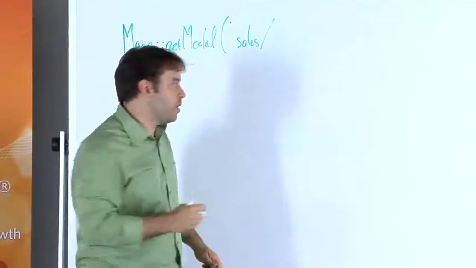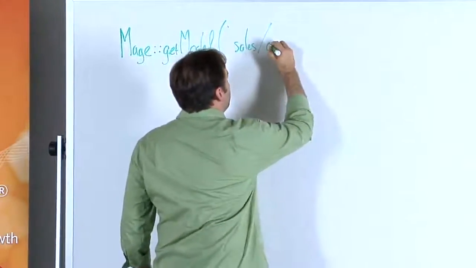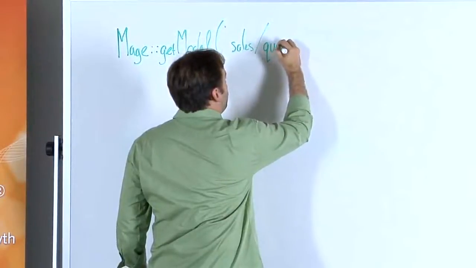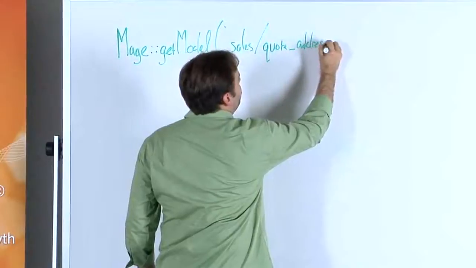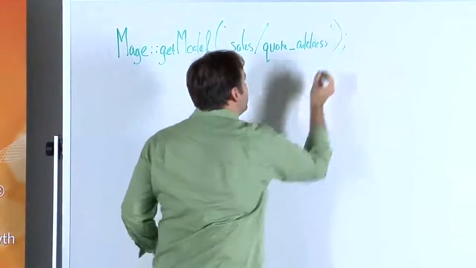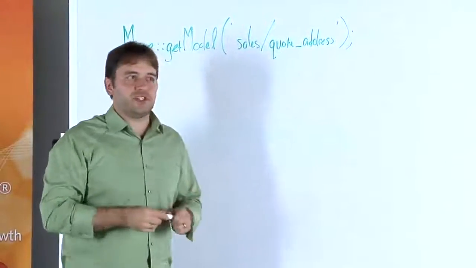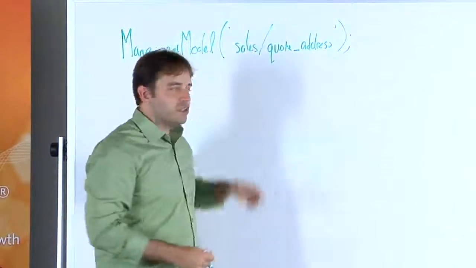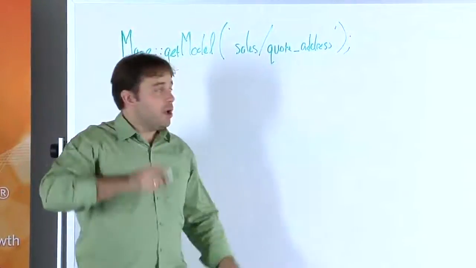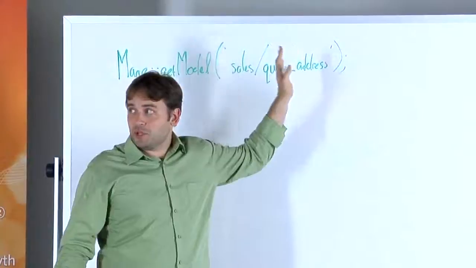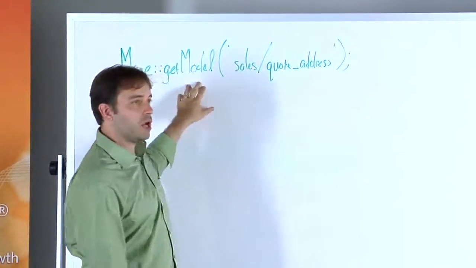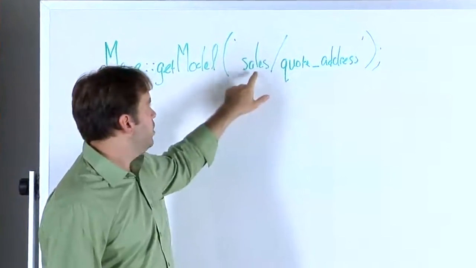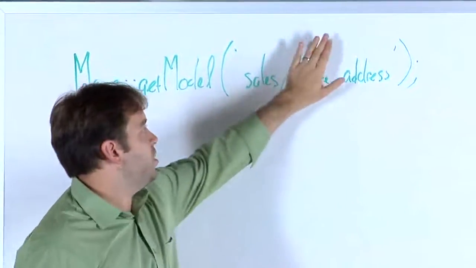We're getting quote_address. I hope you may not totally understand it right now, but I hope you're starting to see some patterns. You see sales and then sales. So whatever's before the slash, that's going to be a node directly under whatever type we're dealing with. In this case, models. So Mage::getModel, sales.